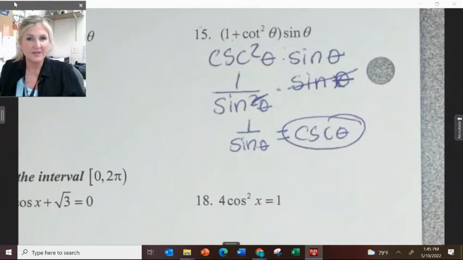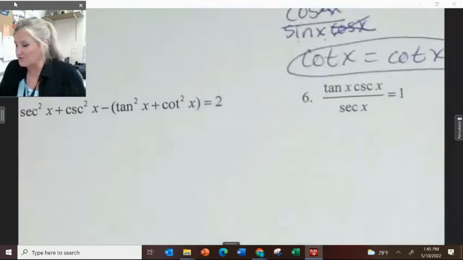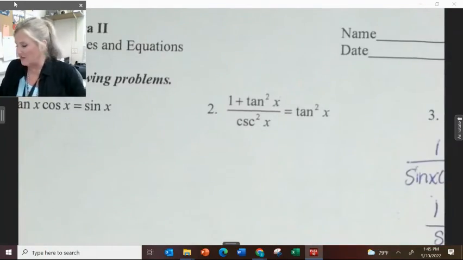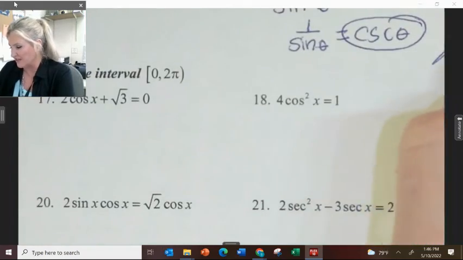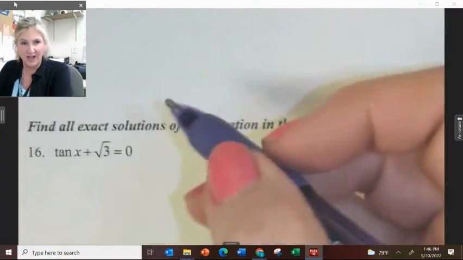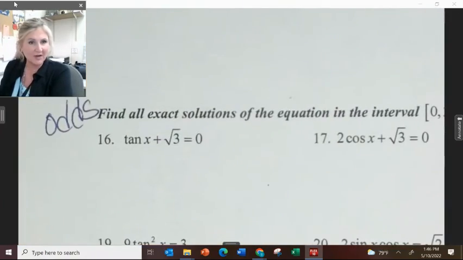How many people got that on their own? Okay, good. All right, guys, so you're supposed to work on finishing this worksheet. I want you to do all of this front part. You need to get them all finished through number 15. I will just let you do the odds in this section down here, the 16 through 27 part.